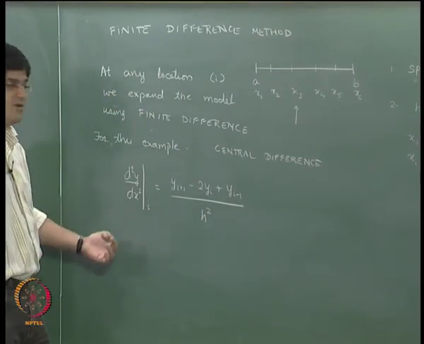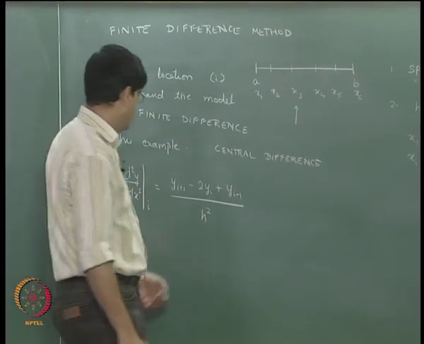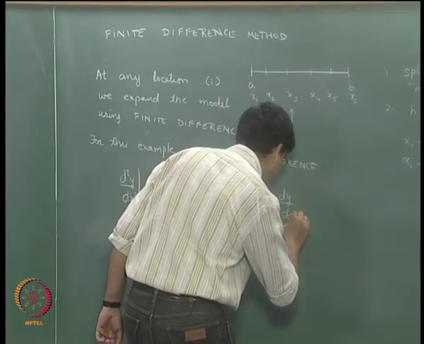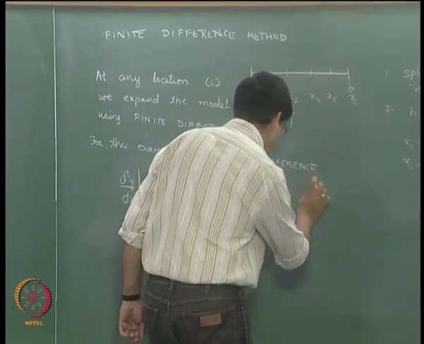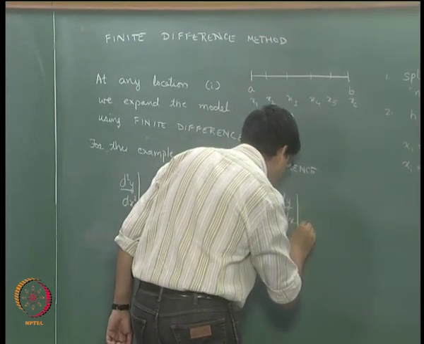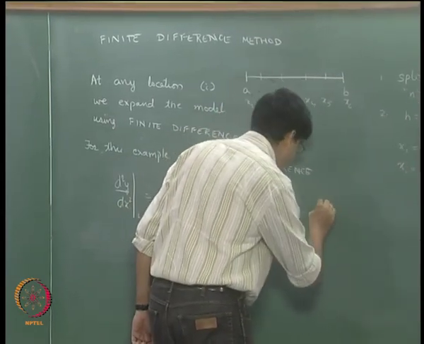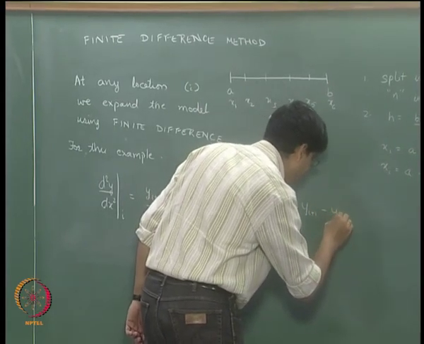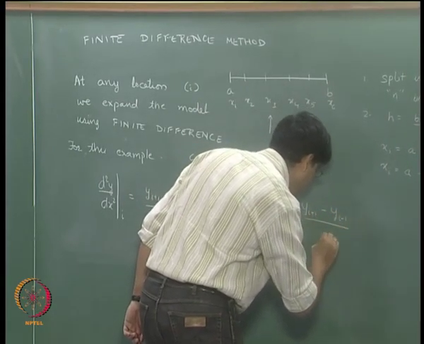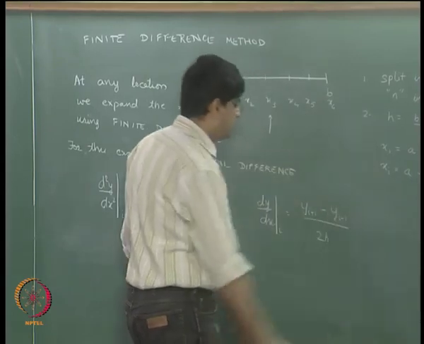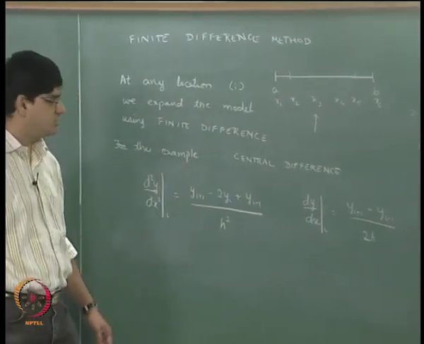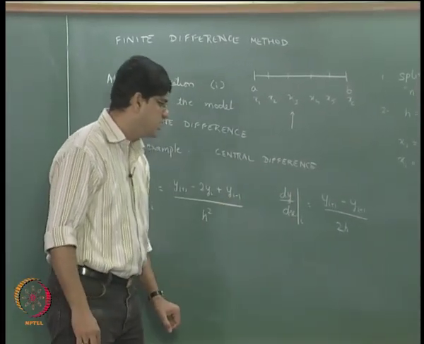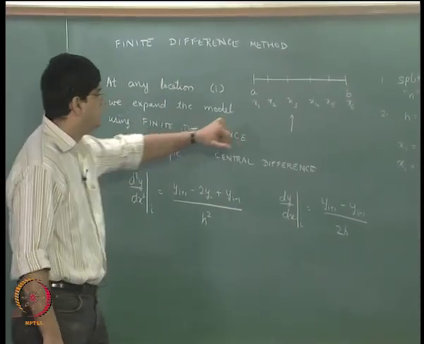And likewise our dy by dx at xi will be written as y i plus 1 minus y i minus 1 divided by 2h.